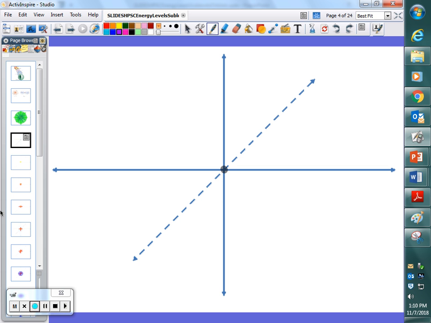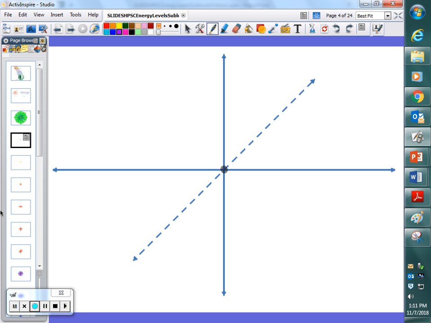So we have something that we use to show left and right, something that we use to show up and down, and then something that we use to show front and back. So this dotted line is not breaking this picture in half. It's actually a 3rd line that comes out of the board and then goes right into the board behind it. Are we okay with that?